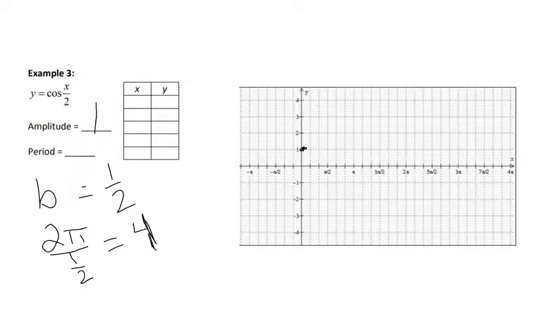And that means that this thing is going to be stretched out all the way to 4 pi. Which means here's where you're going to get your negative 1. That's the halfway point, and that's where you're going to end. And it's not going to be pretty. I'm just saying. Went up a little high there. But that's what the cosine curve looks like when it's all stretched out from left to right.